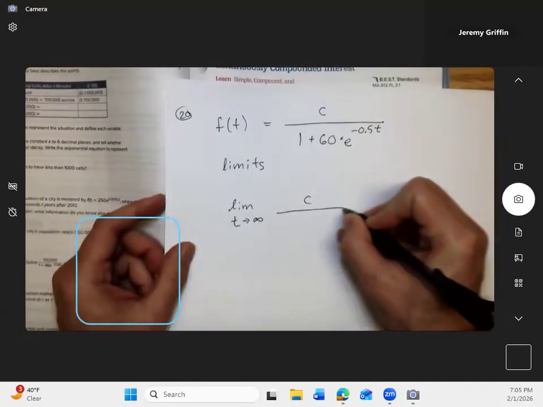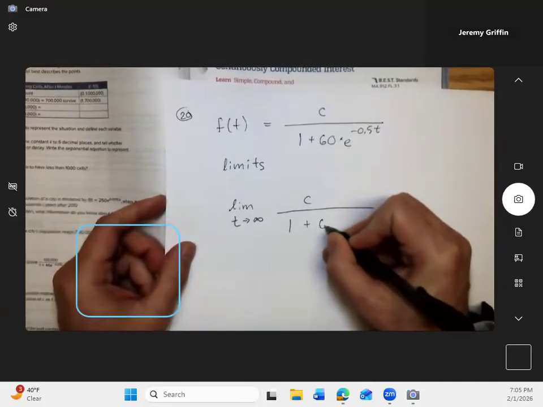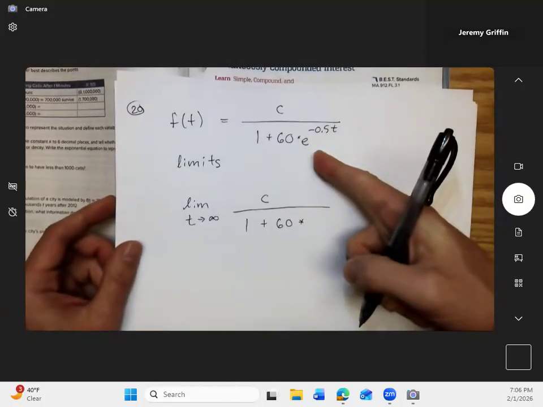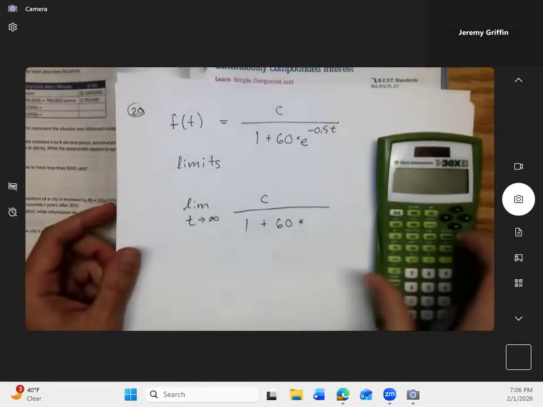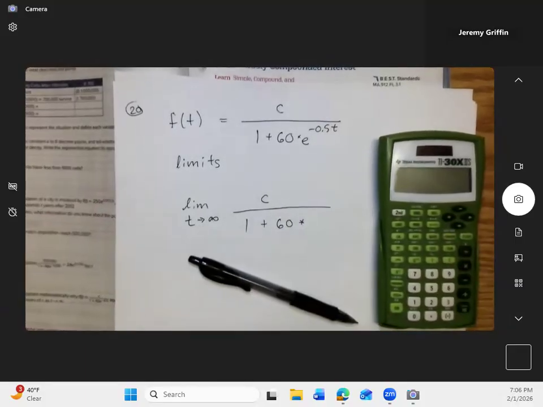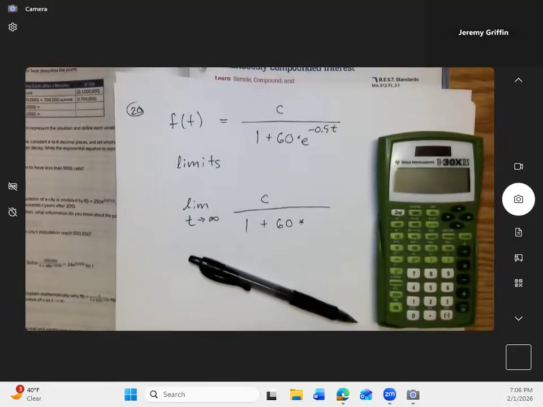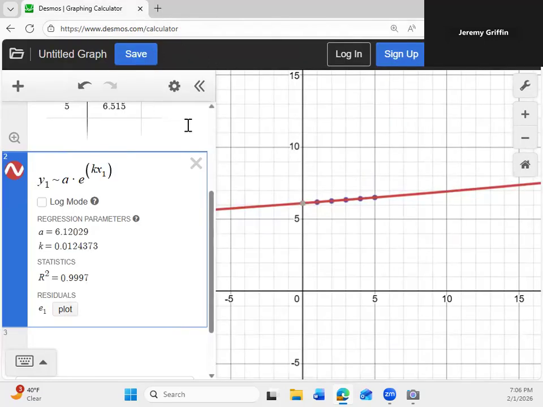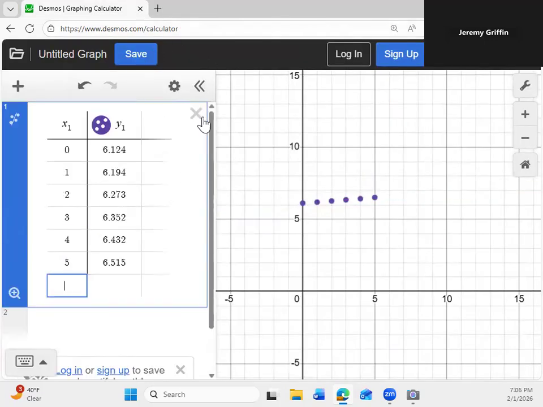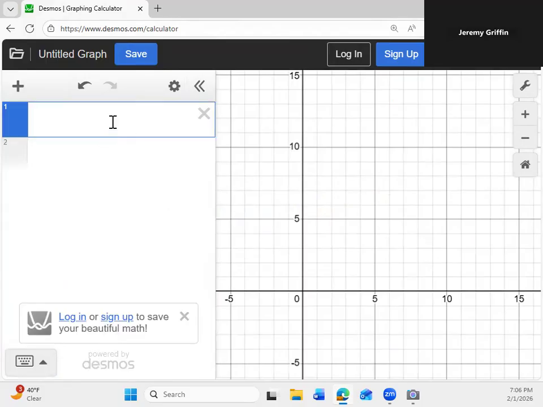So c over 1 plus 60 times e to the negative 0.5t. Now, here's the key: we do have a negative exponent. What is e to the negative infinity? Let me show you guys on Desmos, because there's a really nice graphical solution to this. What is very simply y equals e to the negative x?